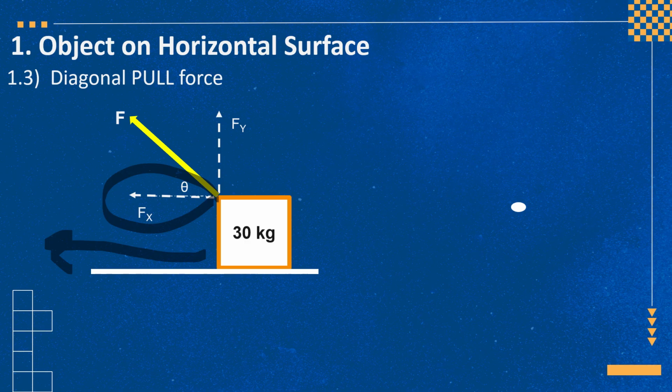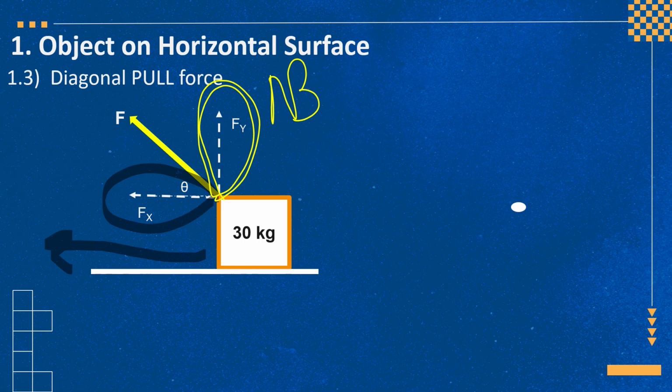And then you'll see Fy, but this time Fy is upwards. So Fy will pull the object a little bit up from the surface. And this must tell you that the normal force will now be a little bit smaller. Why? Because of this extra upwards lifting effect that Fy has on the box.